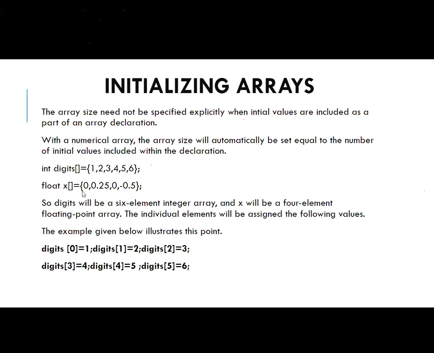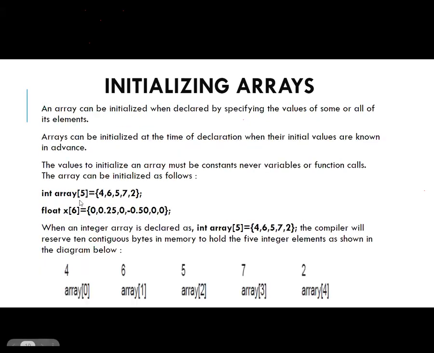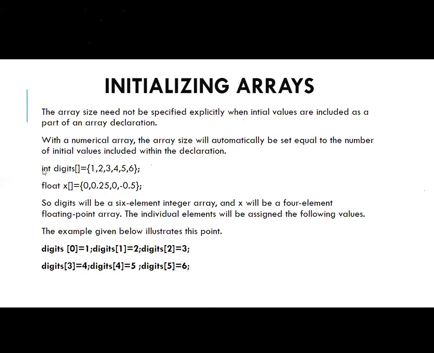But it may happen that you want the size of the array to be automatically set, wherein you do not have to specify the size. In that case, you can write the data type, the name of the array, and keep the square bracket, that is the size of the array, empty.